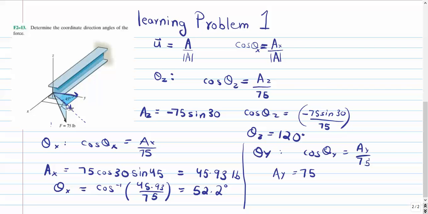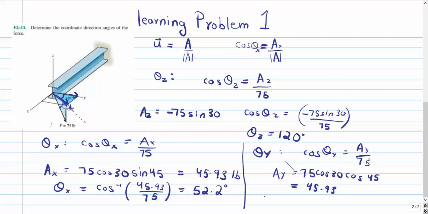So using this triangle first, we do 75 cos of 30 degrees to get this component. Now that we have this length right here, we will simply do cos of 45 to get this length using this right angle triangle. And the answer that we get is 45.93.